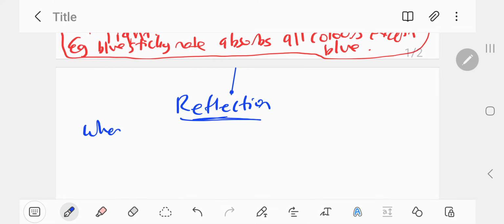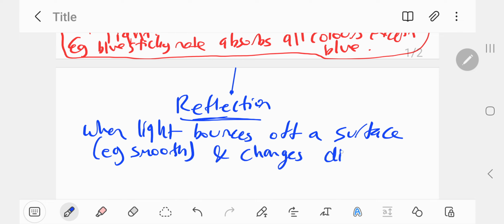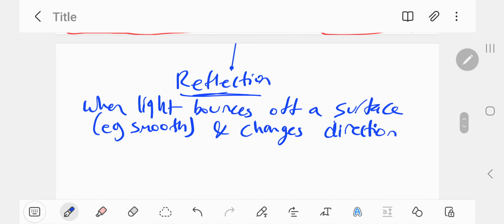So it's when light bounces off a surface. Could be anything. Typically a smooth surface, e.g. smooth. And it changes direction. So that's why you can see your image in the mirror, because the light hits the mirror and it bounces off. It changes direction. So that's reflection there. It's a simple definition.